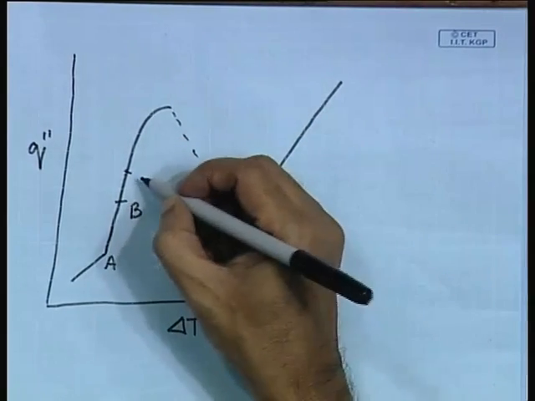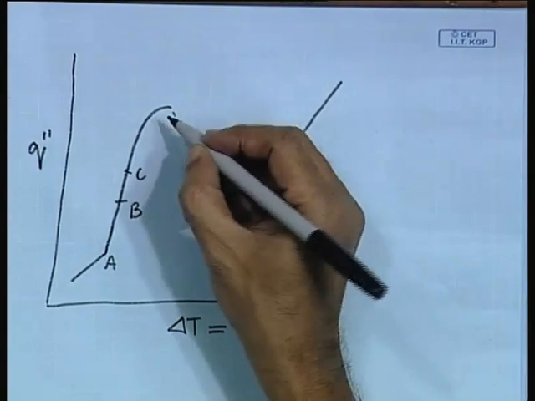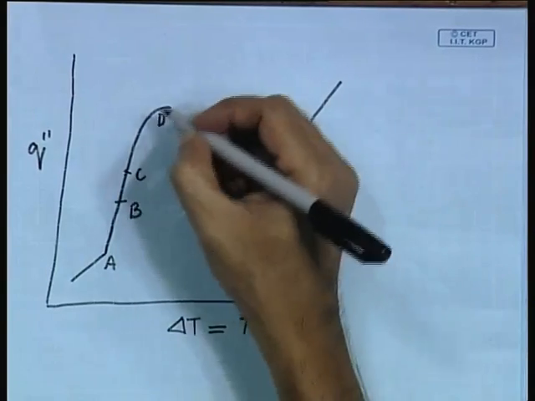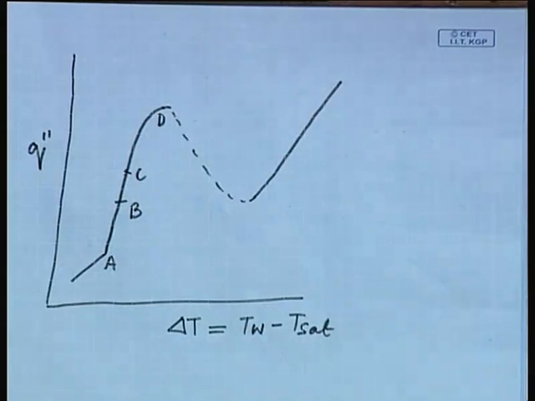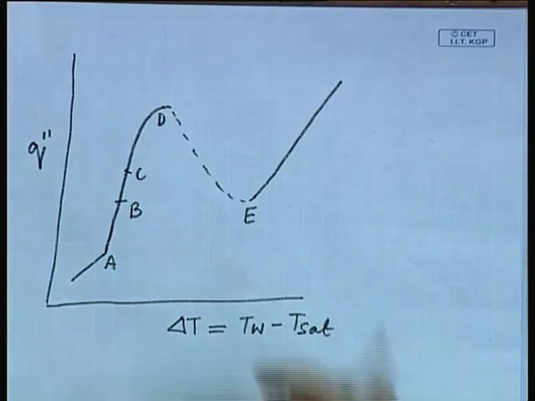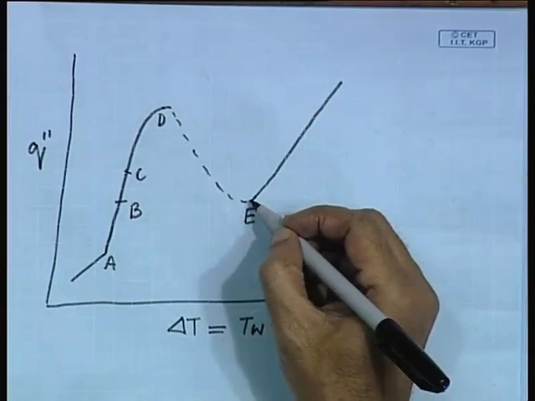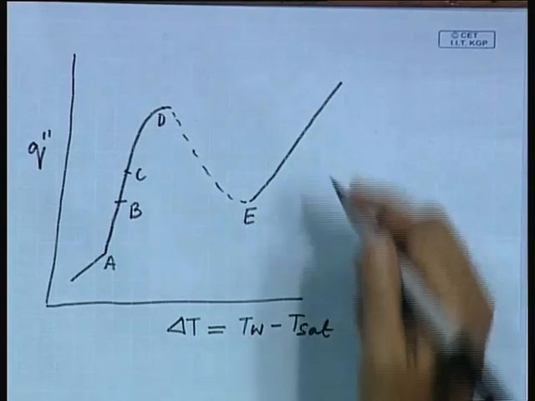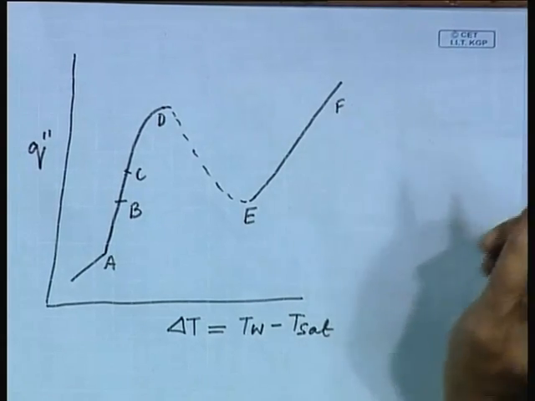Let us say this is C, then up to D we have the fully developed nucleate boiling region, and at D we will have the critical heat flux. D to E is the transition boiling region, and at E we will have inception of film boiling, and the heat flux related to E is known as the minimum heat flux for film boiling. Then E to F we will have radiation.